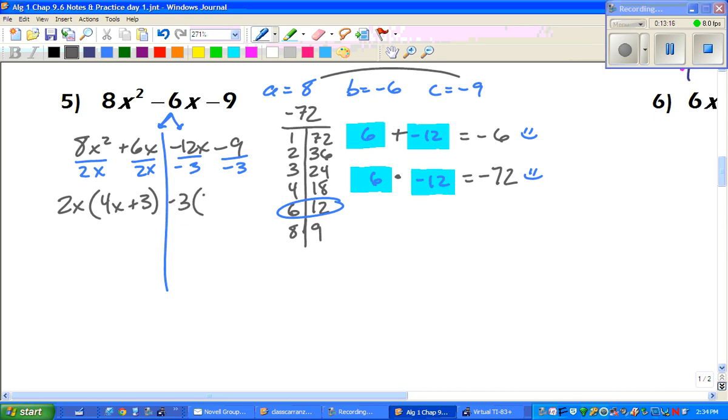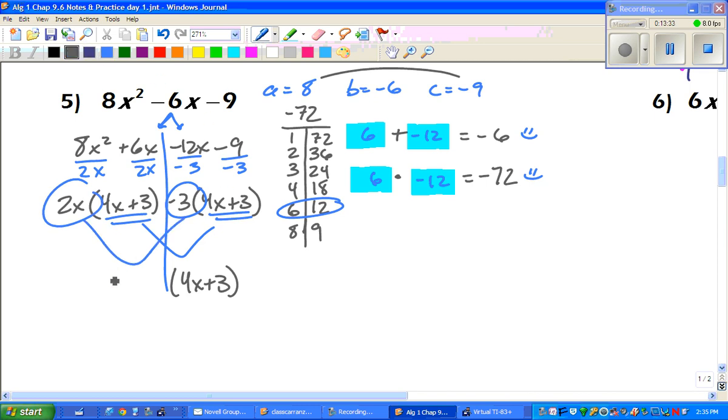Take out the negative 3, we're left with 4x plus 3. Our check. Woohoo! We did it right. So 4x plus 3 and 2x minus 3.